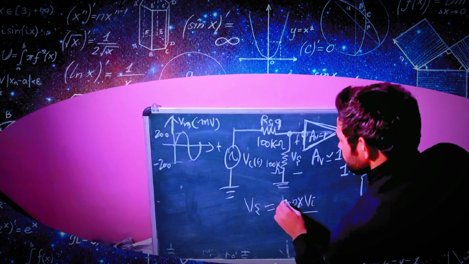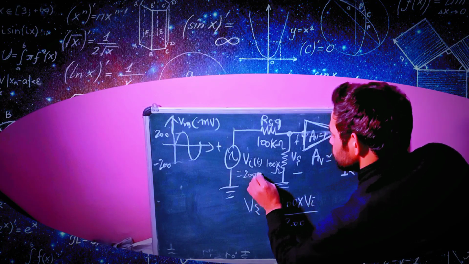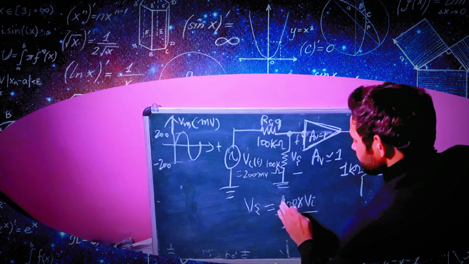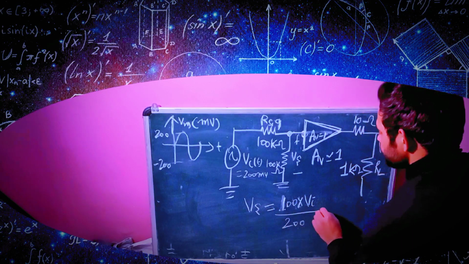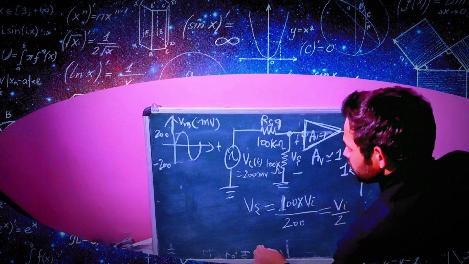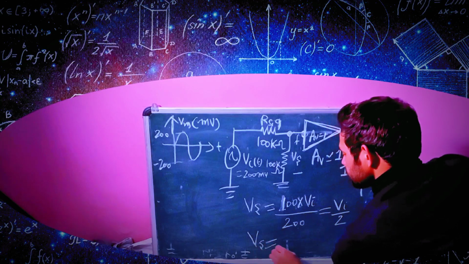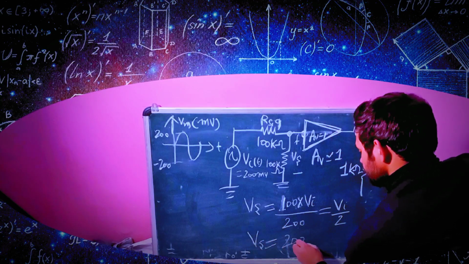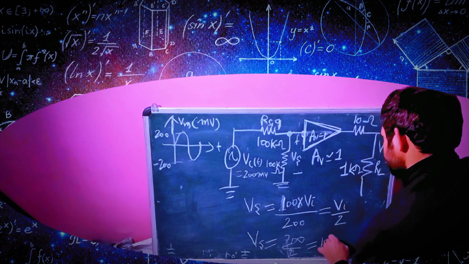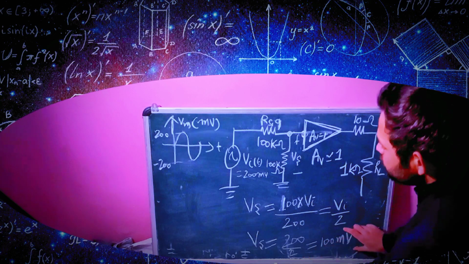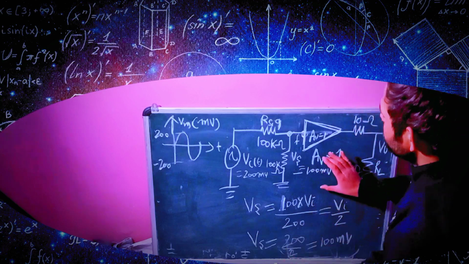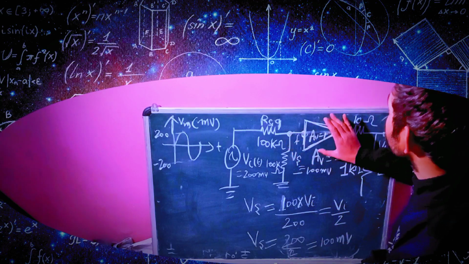Here the input is 200 millivolt. So 100 by 2 means Vi by 2, which means Vs is equal to 200 divided by 2, which is equal to 100 millivolt. That is the voltage at the input of this voltage buffer.